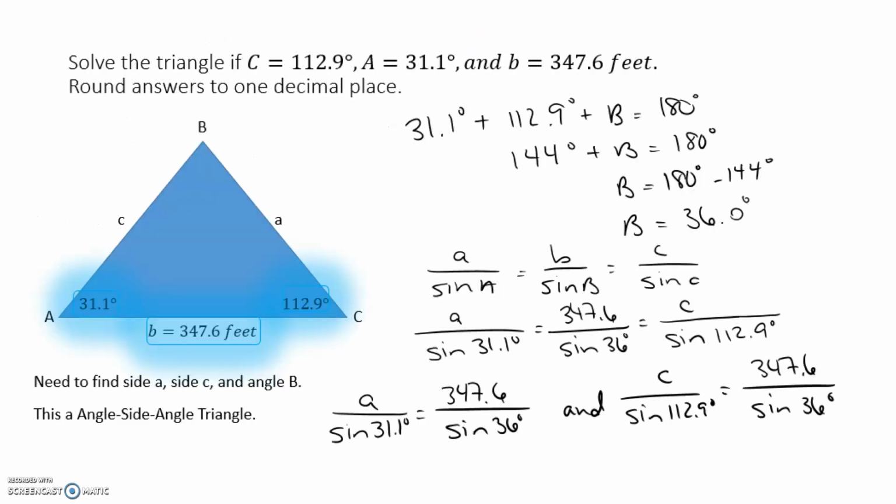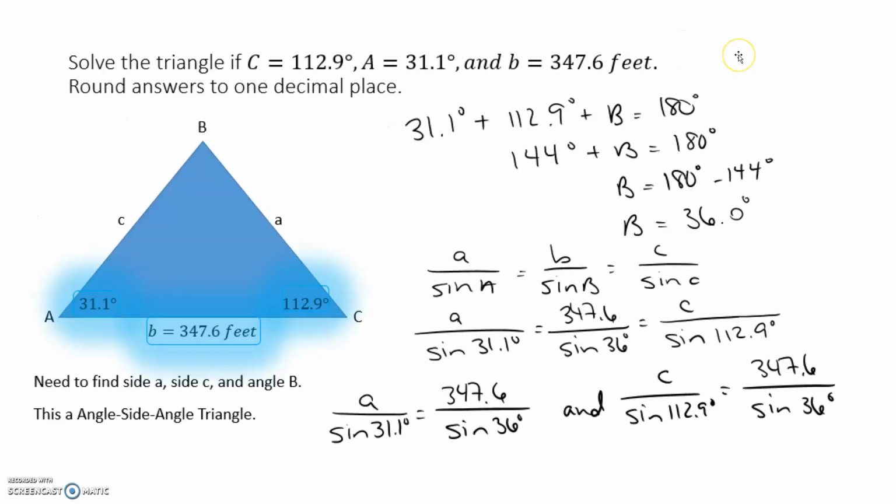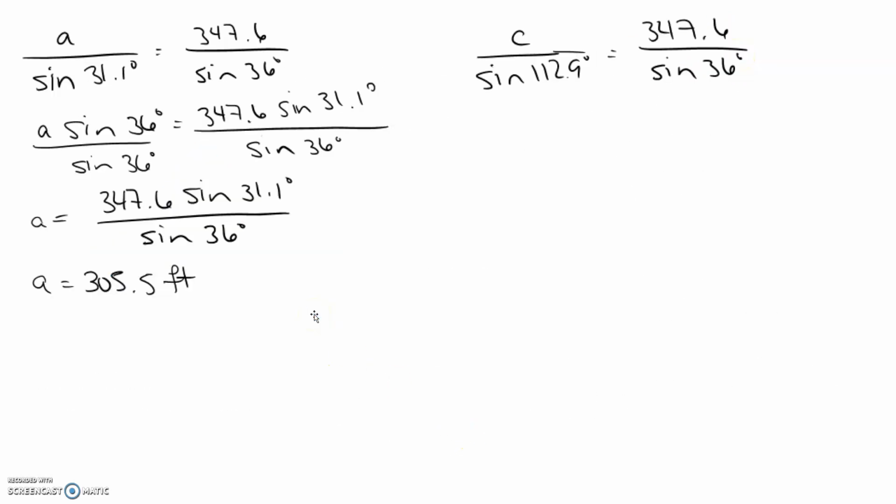Okay, so we had C over sine of 112.9 is equal to 347.6 over sine of 36. Just double check. Yeah, 112.9. Okay, use cross multiplication. So C times sine of 36 is equal to 347.6 times sine of 112.9.